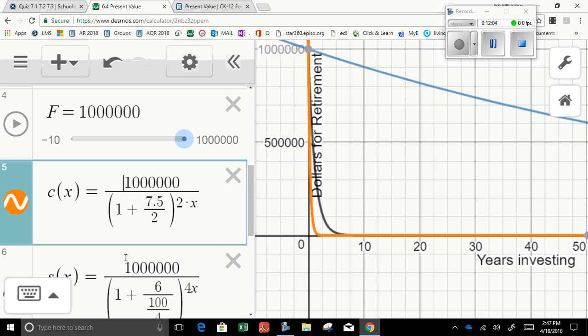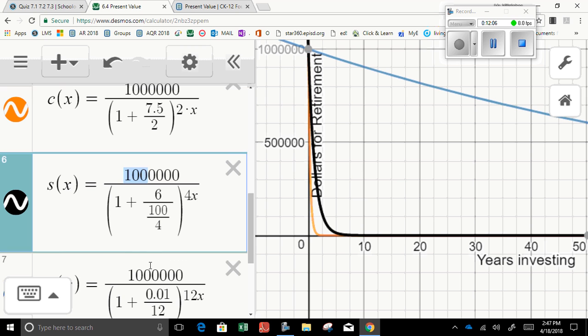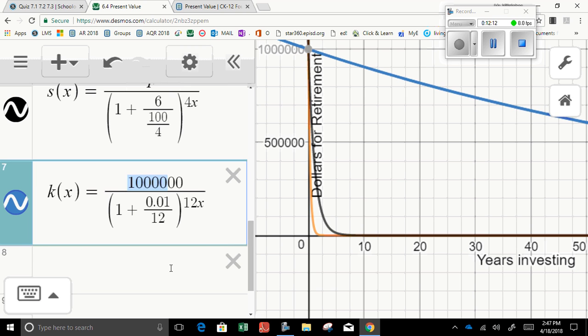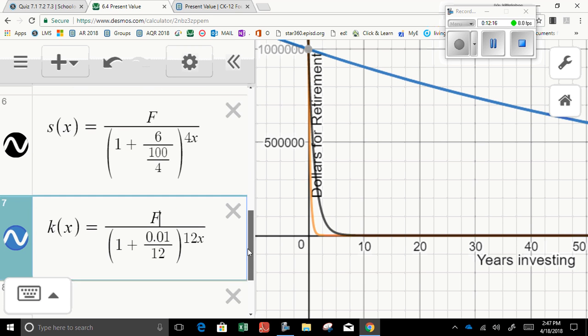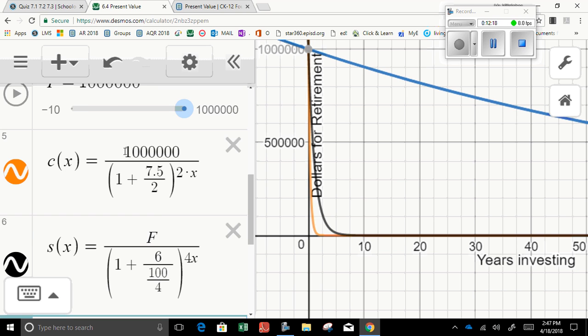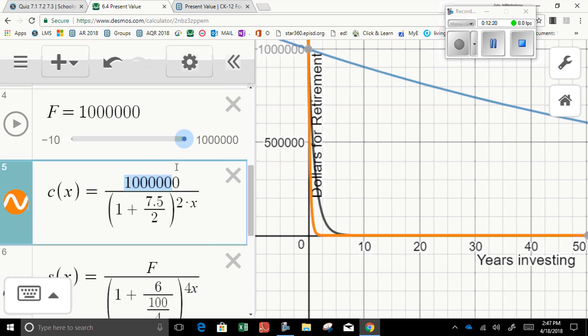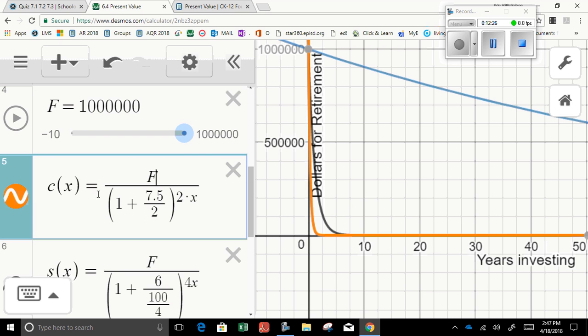So how much money do I want in the future? Well, I want F. So replace all this with F. That's the future. You decide how much you want to retire with.